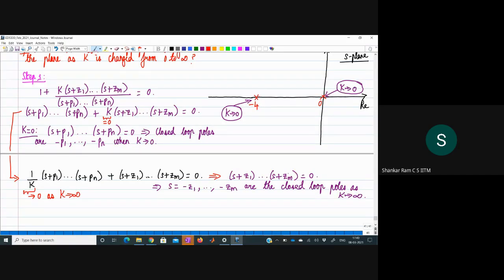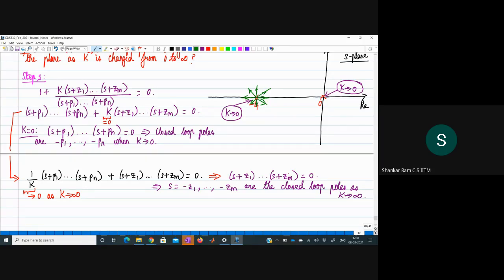The branch of the root locus can start like this, or like this, or like this. There are infinite possibilities, right? The only condition is that it should start at -4, but in which direction? If you look at -4 per se, it is only one single non-repeating open loop pole.